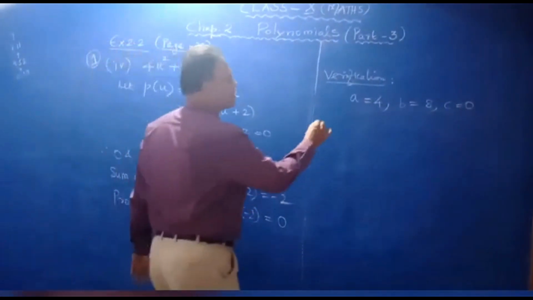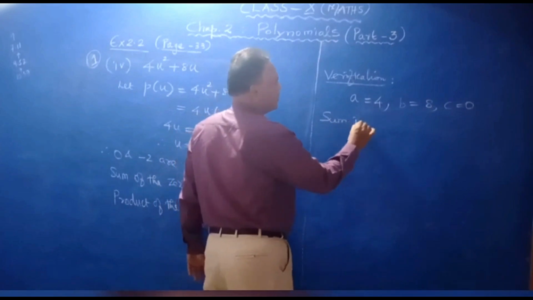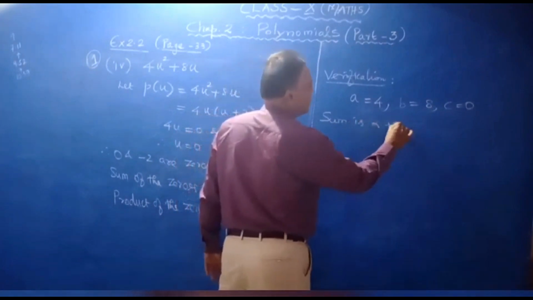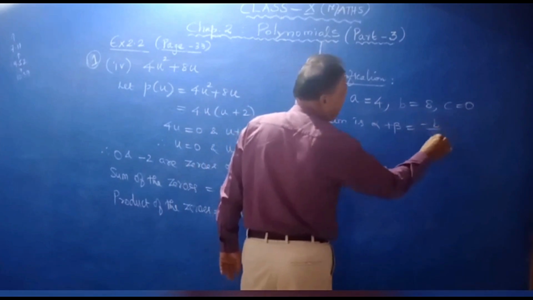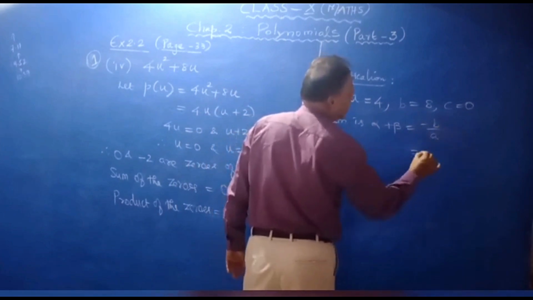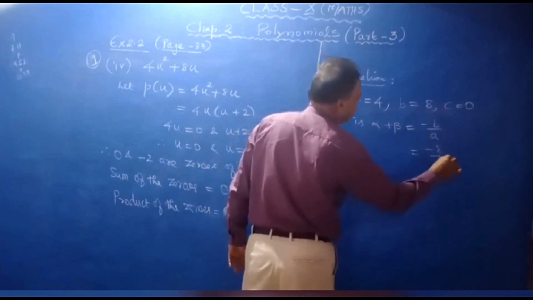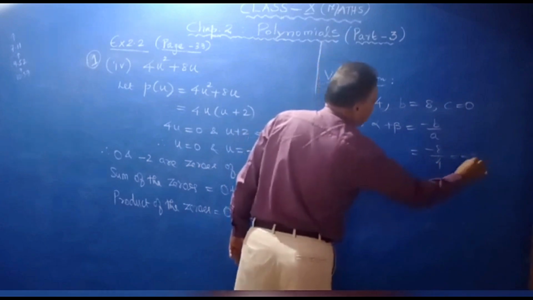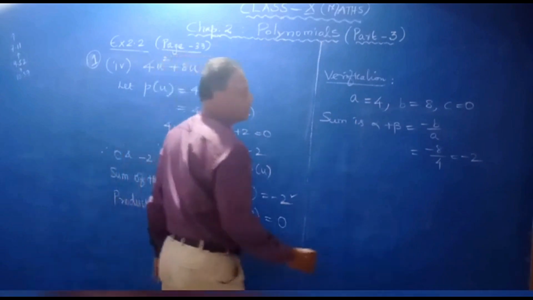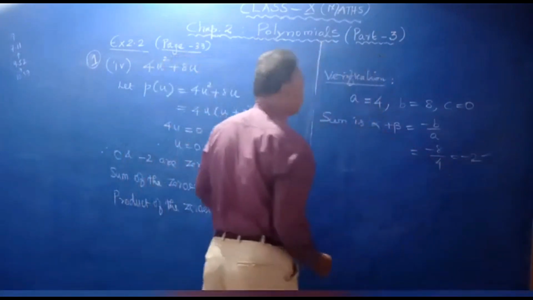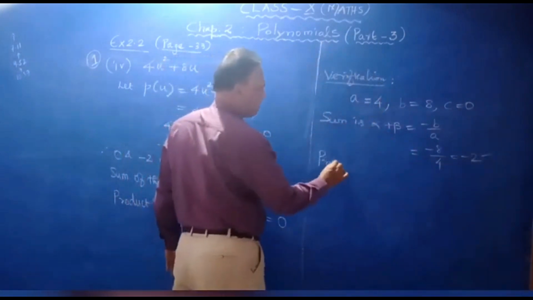Now the sum is alpha plus beta, equal to minus b by a, that is minus 8 by 4, equal to minus 2. Got it? Here minus 2.